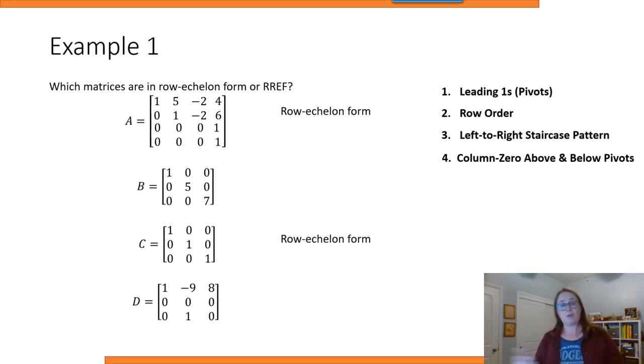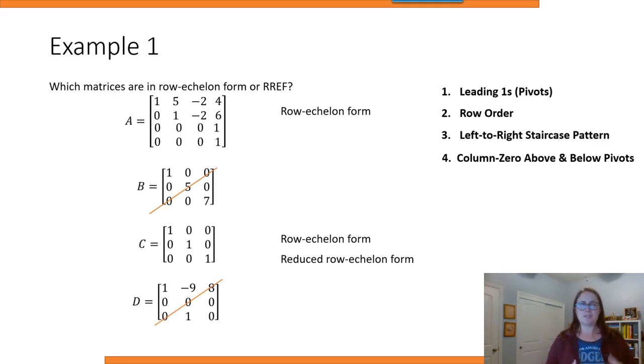B was not row echelon form, so it's also not reduced row. So the only other one that might be in reduced row echelon form is C. And if I look at that one, in each column with a leading 1, above and below, there's all zeros. So this one is also reduced row echelon form. And it's the only one of the 4 that is. And the other 2, well, they're not in either form.